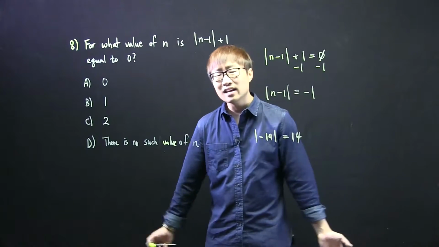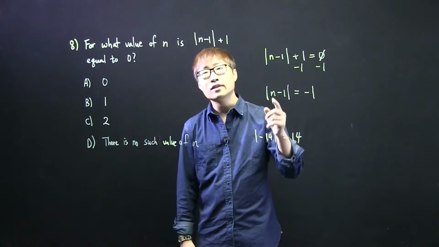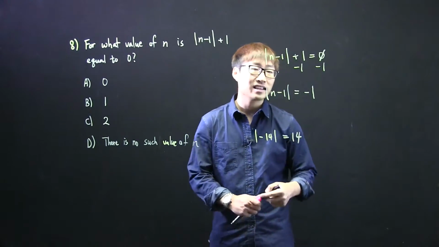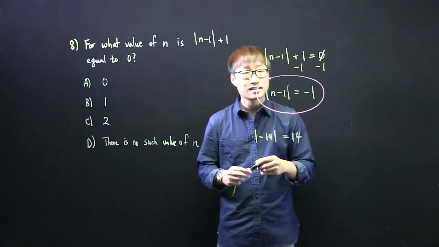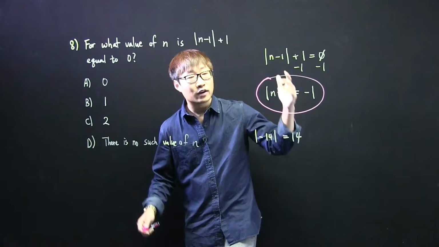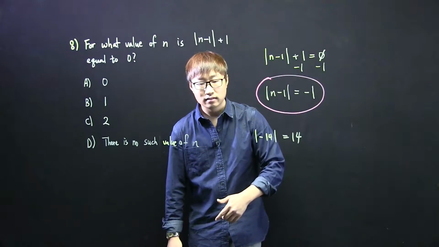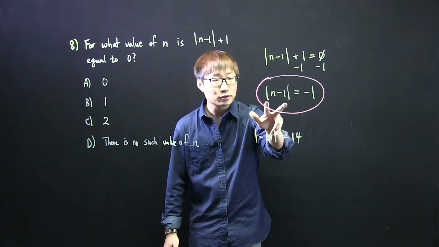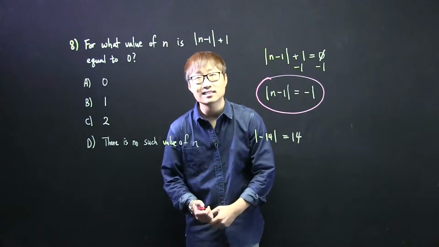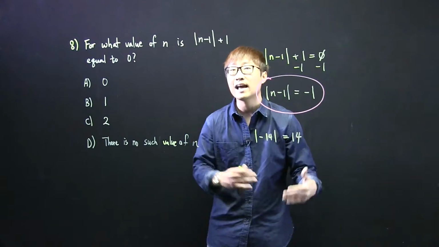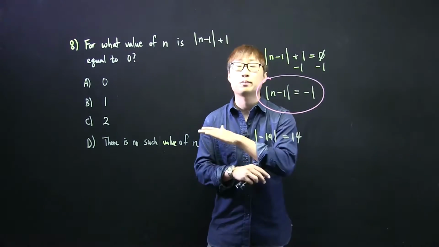Look, what did we just say? Absolute value changes everything into positive. Look at this. What does it say? Absolute value of n minus 1. Let me just say this: absolute value of something is equal to -1. Does that make any sense? Think about it. We just said absolute value changes everything into positive.